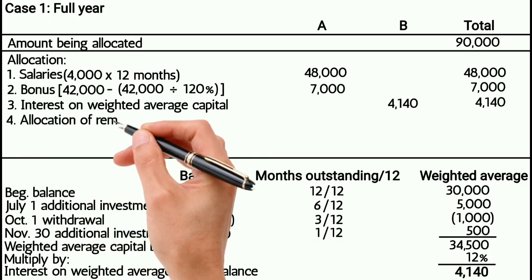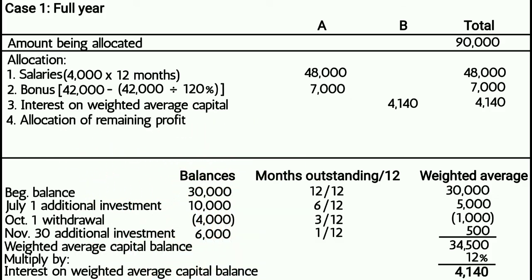Next, allocation of remaining profit. Ang remaining profit ay 30,860. Paano yan na-compute? 90,000 pesos minus 48,000 pesos minus 7,000 pesos minus 4,140 pesos. Sinabi dito sa problem na balance is shared equally.